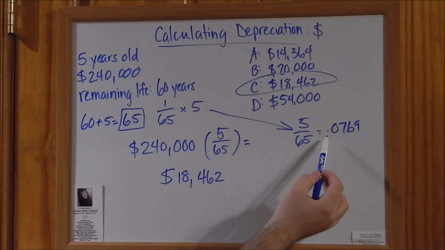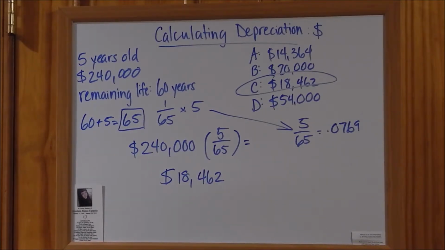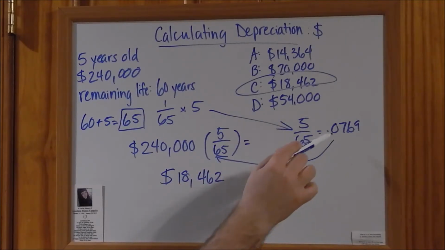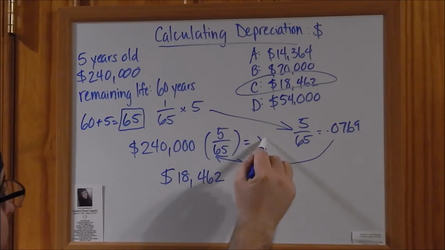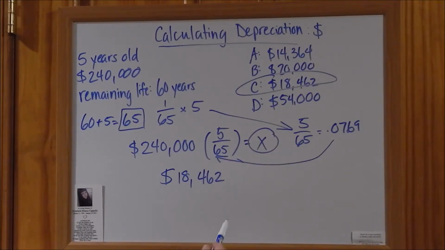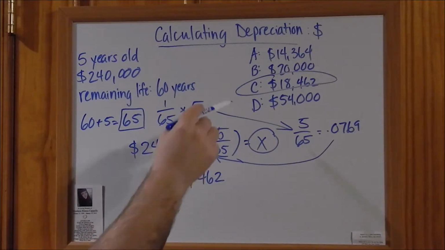Again, that's the decimal 0.0769. We multiplied this fraction by 240,000 to get our x, or 18,462, which is C.